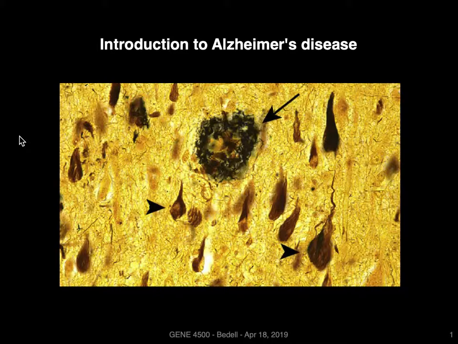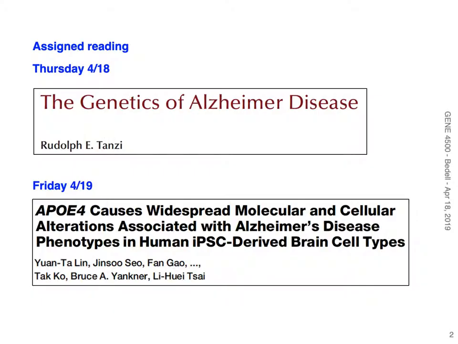But wait a minute, this isn't even one of the genes that's responsible for the heritable form of Alzheimer's. So there are two very distinct, as we'll see, inheritance patterns for Alzheimer's. There is an early onset, Mendelian, monogenic, autosomal dominant Alzheimer's.